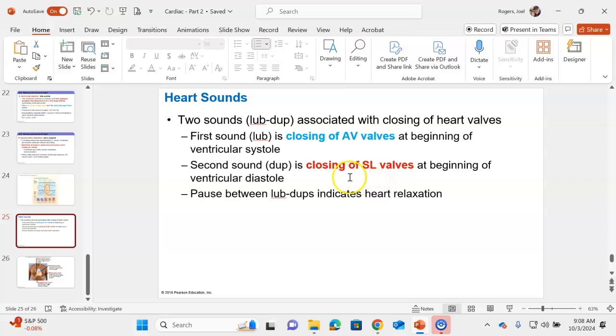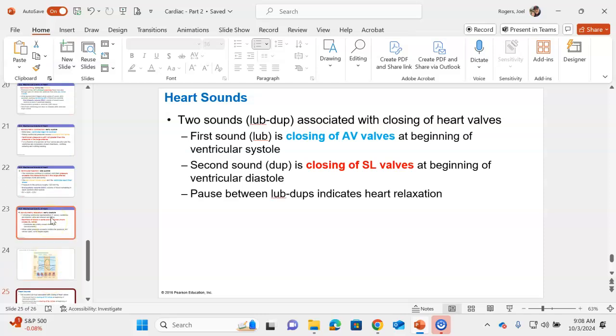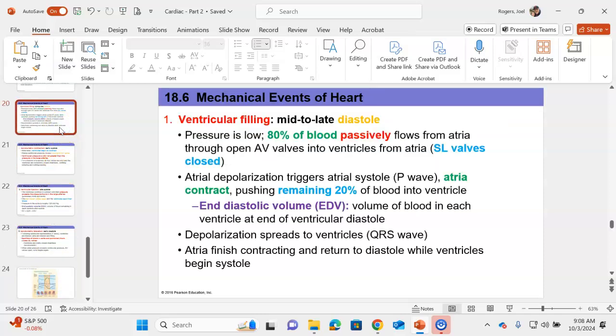Now, what you need to make sure you figure out, and we'll go back over these slides to point it out, is when this is actually happening. So if we go back to phase 1, do we see any valves closing during this phase?